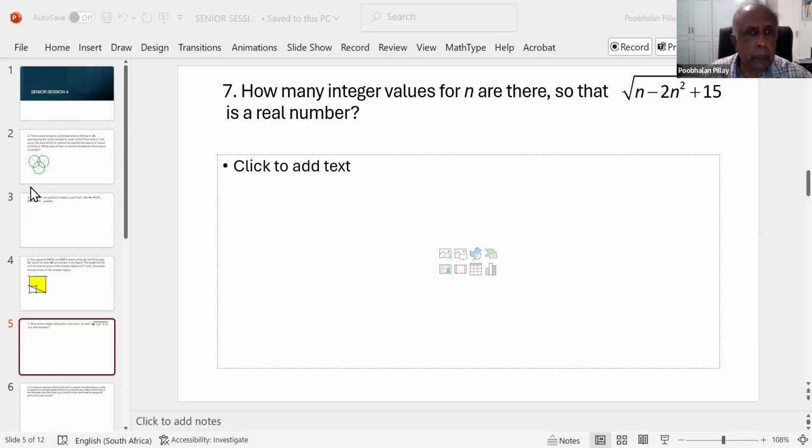Now, what do you mean by saying the square root is a real number?